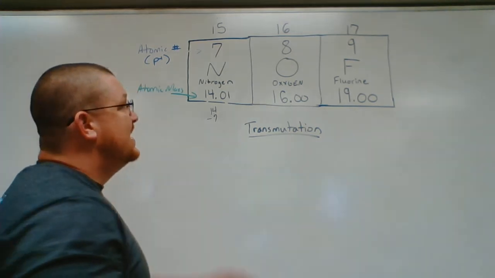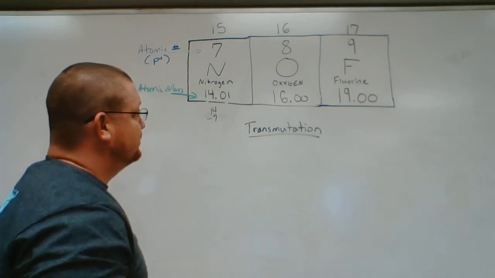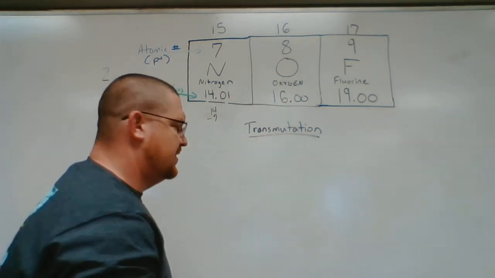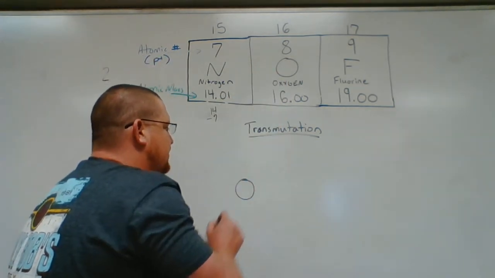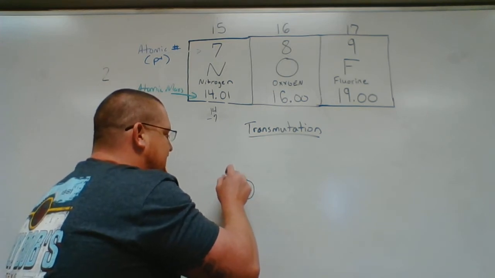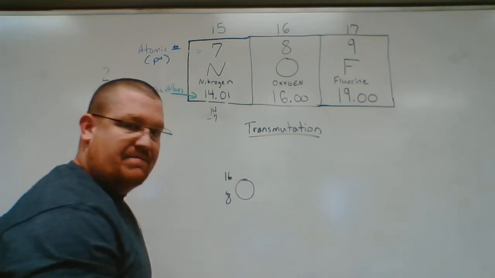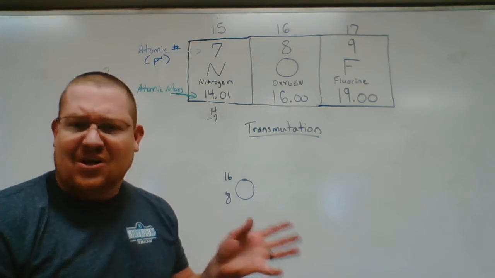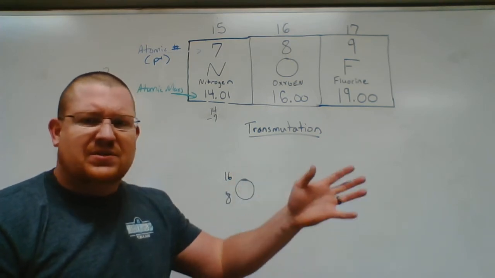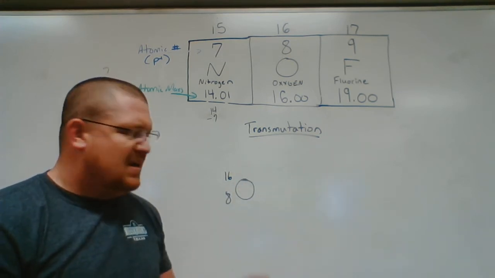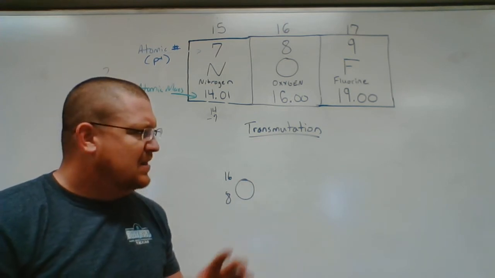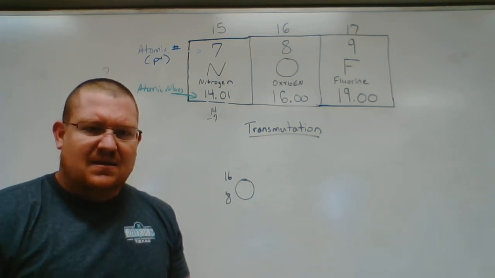Protons. So if I have nitrogen, or let's say I have oxygen. We'll start with oxygen here. Oxygen has a mass of 16. It has 8 protons. Let's say somehow it went up to the sun, and I threw that oxygen in there, right?